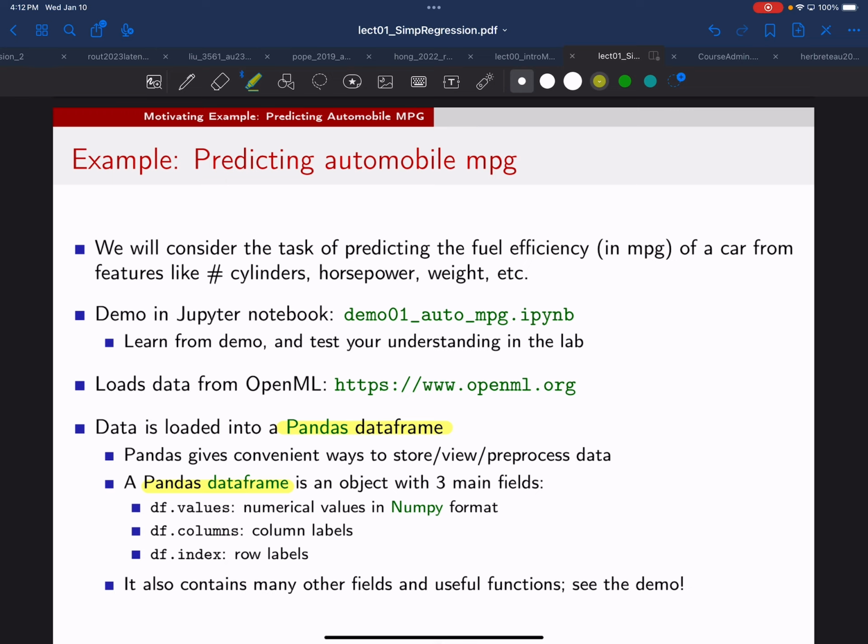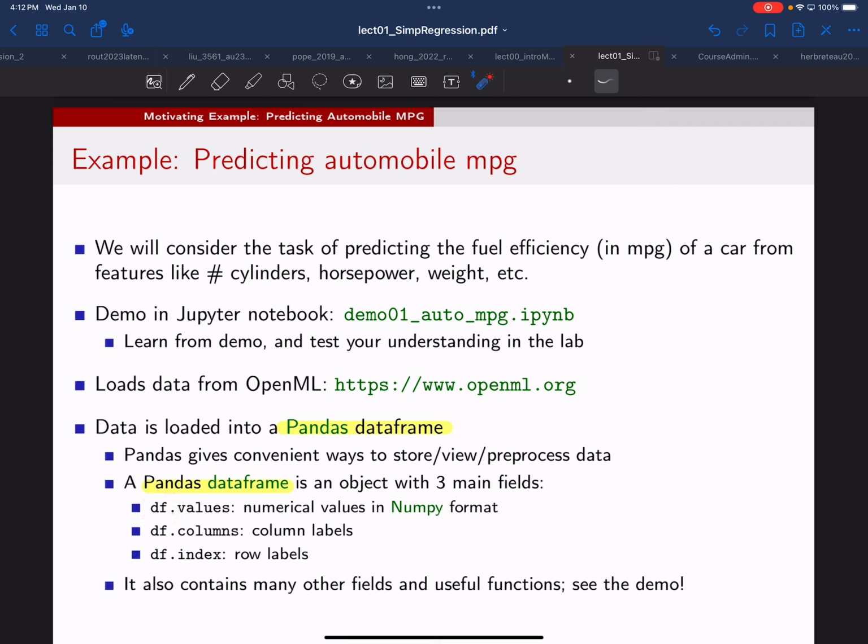So this is like object-oriented programming, where you have an object like df here, and that object has many things inside it. It has data fields, it has functions, and you access all those things with like df dot, and then either the command or the field.